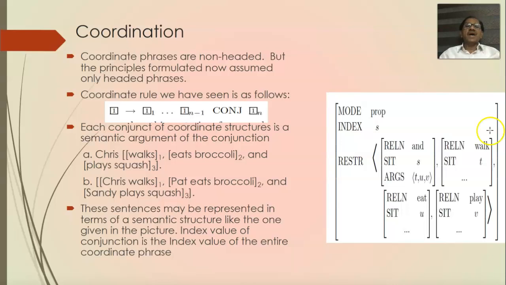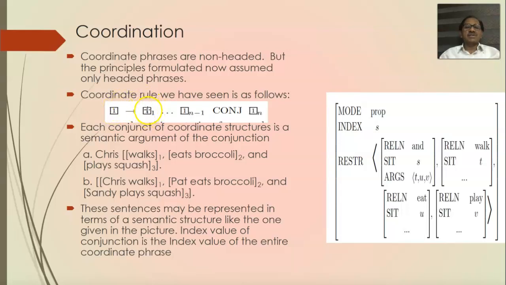So based on that, we had earlier formulated a coordinate rule, which is like this. That is, the phrase has a 1 as its index, right? And that consists of the same phrase. So if this is NP, this is NP. If this is PP, this is PP. If this is VP, this will be VP, right?